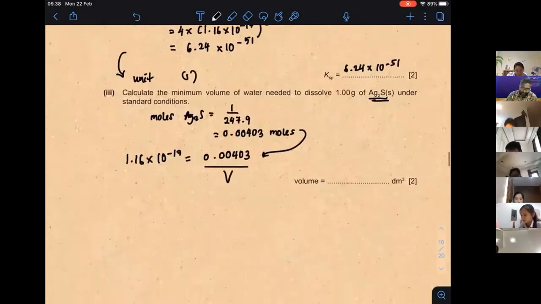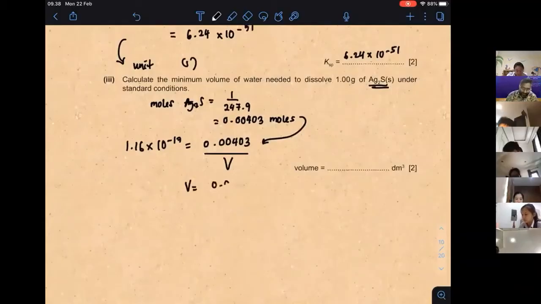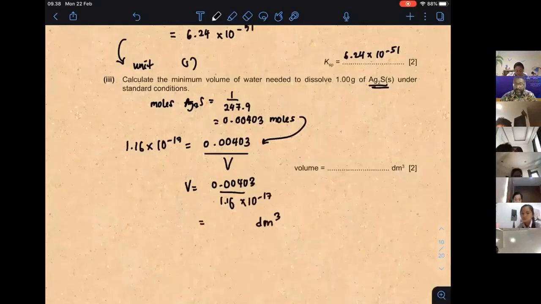So V is going to be 0.00403 divided by this, and you will get the answer in dm cube. If you do this, you will get 3.5 times 10 to the power of 14 dm cube.